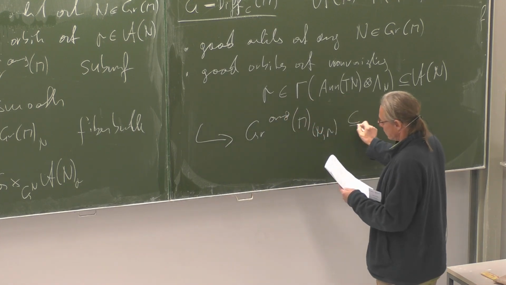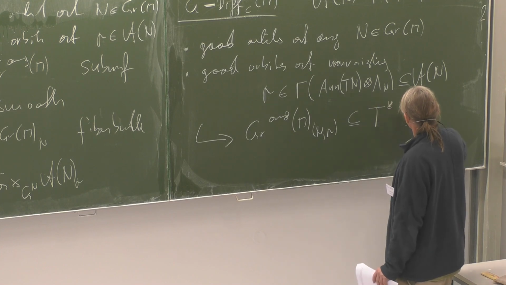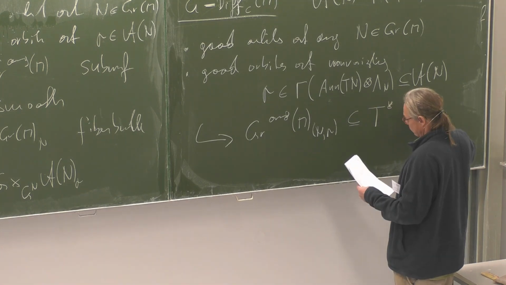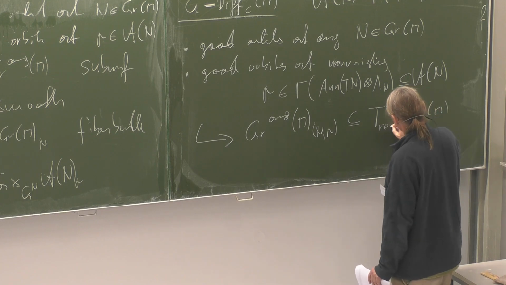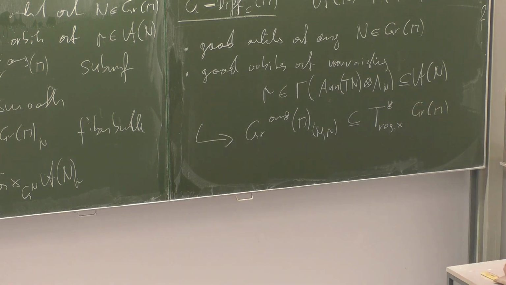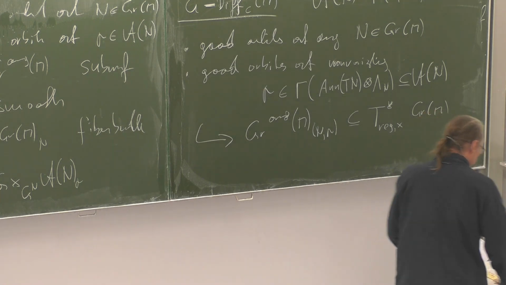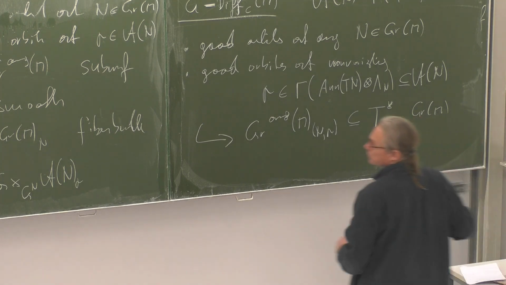What that is, this is just an open and closed subset in the cotangent bundle of the Grassmannian. We put a regular cotangent bundle, and the X refers to nowhere vanishing augmentation. So this is a simple example, and the second example I would like to mention are contact diffeomorphisms.